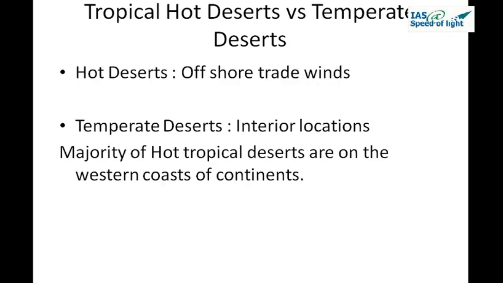So for hot deserts, we have offshore trade winds. So here again there is one term, offshore and onshore. It simply means if this is land and this is water, offshore means the winds which are going away from the land. So these are the offshore. And if they are going from the land to the sea, they are not going to have any moisture, so there will be no rain from these offshore winds.